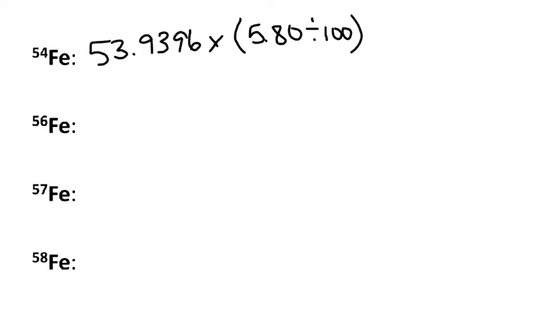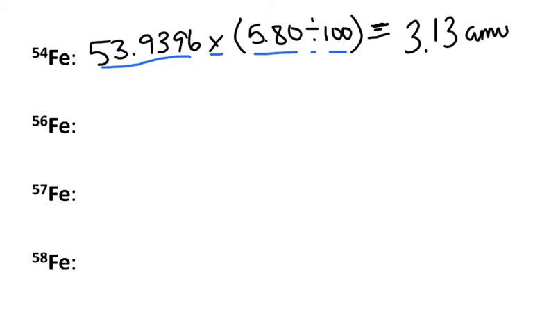When you put it in your calculator, you can put this number times this divided by 100. If you put it in exactly like that, you're still going to get the right answer. Which equals 3.13 AMU.